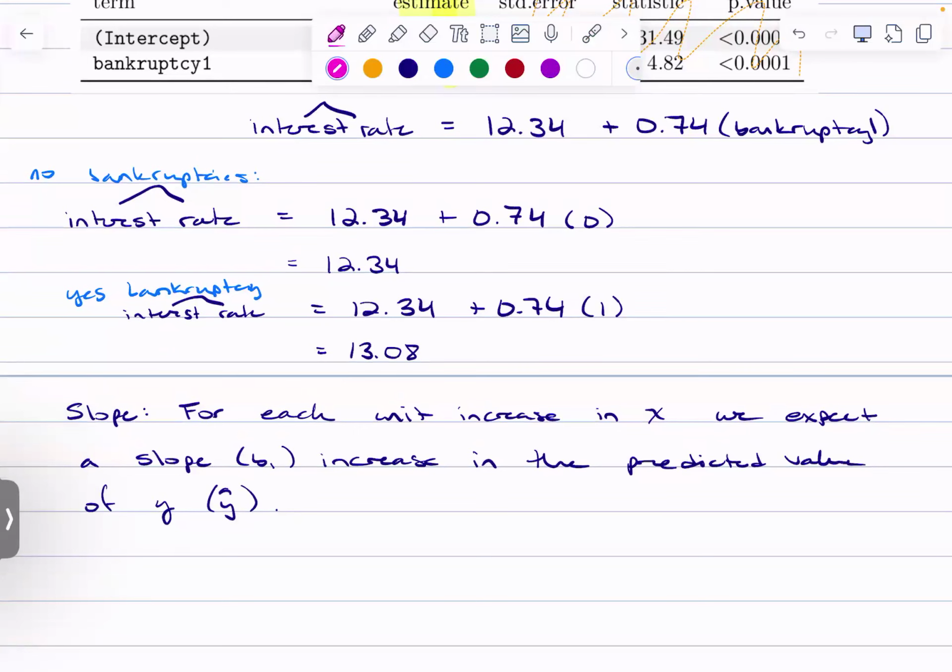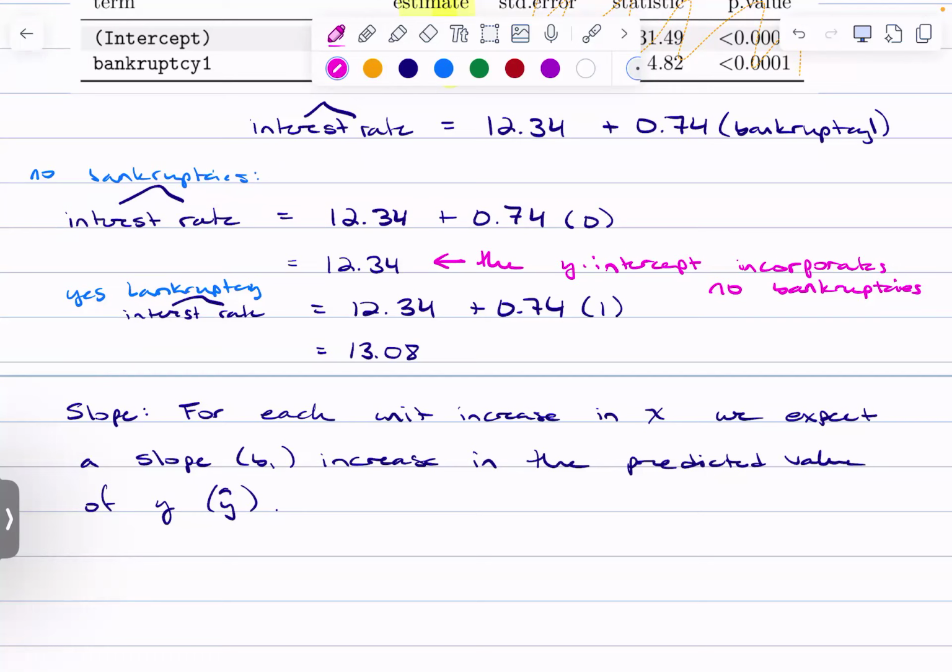And so here, the y-intercept incorporates no bankruptcies. It's rolled into the y-intercept. We're going to start calling it a reference level.